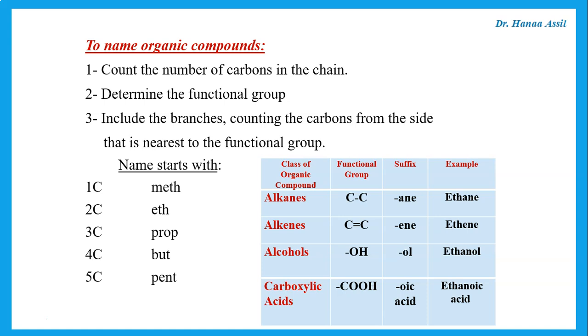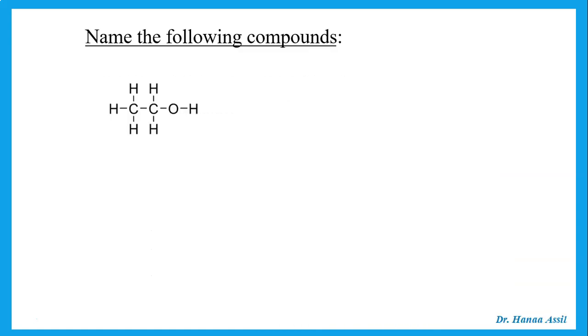If it has a double bond somewhere, then it should have an ene. So ethene, propene, butene, and so on. If it has only an OH, it is an alcohol with an "ol" at the end of the name. If it has an OH and a C double bond O, that's an acid. So its name should end with oic acid.